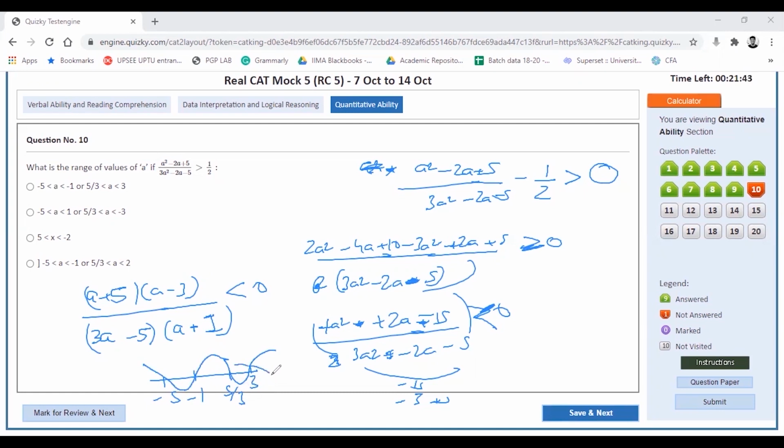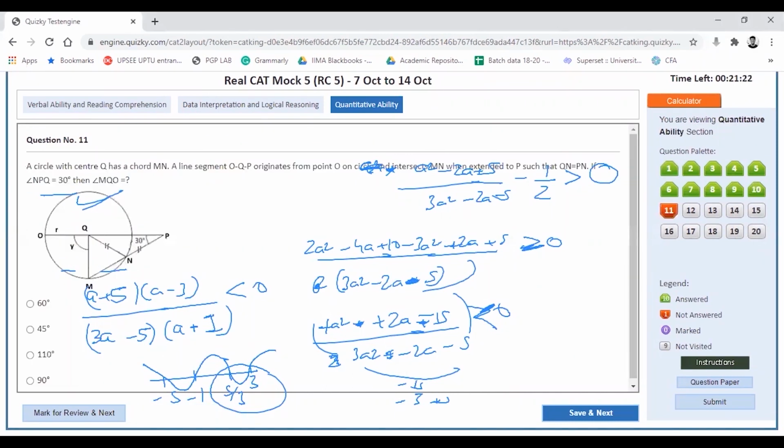So this area gives me roots less than 0. So according to this, it is minus 5 to minus 1. Okay, and from the first value itself I can choose. Second value, both the values are correct in the first one. So the answer is option A.